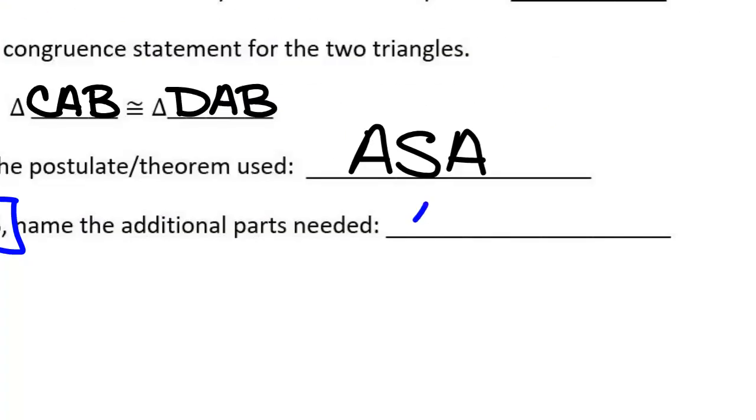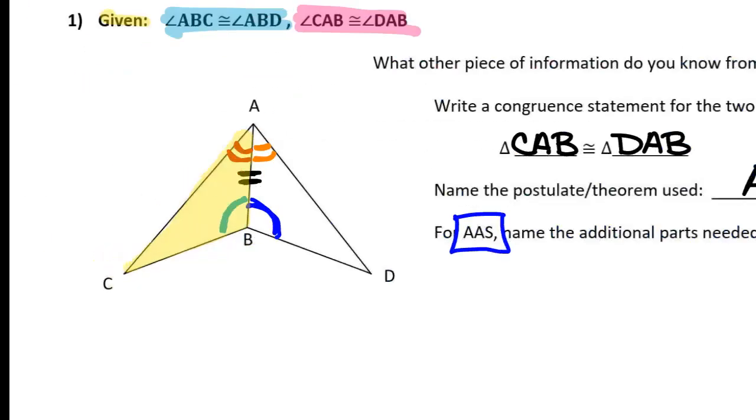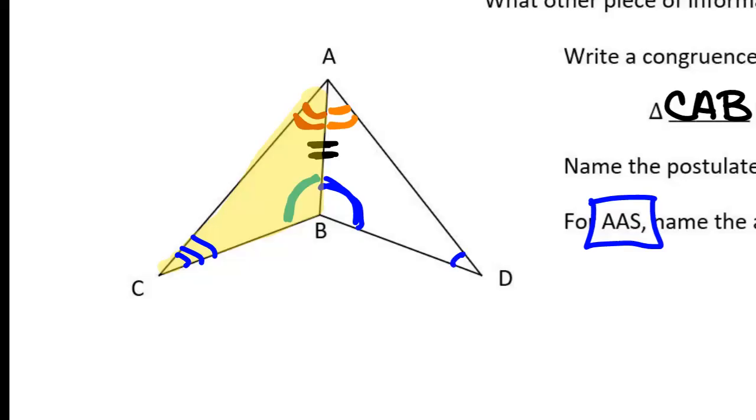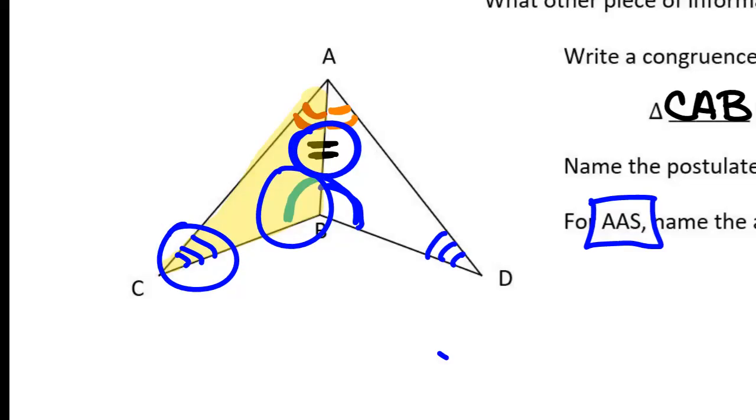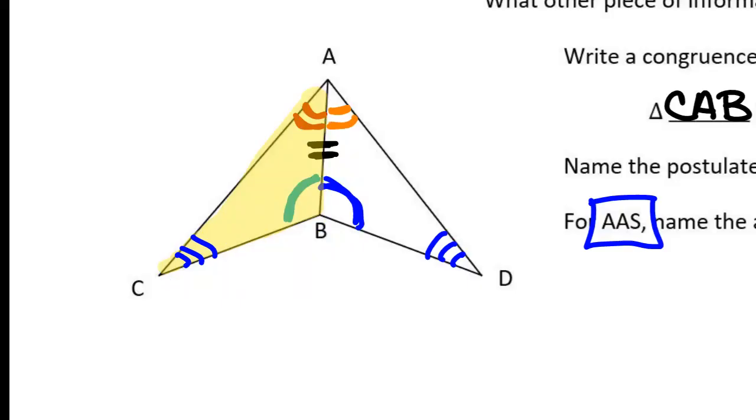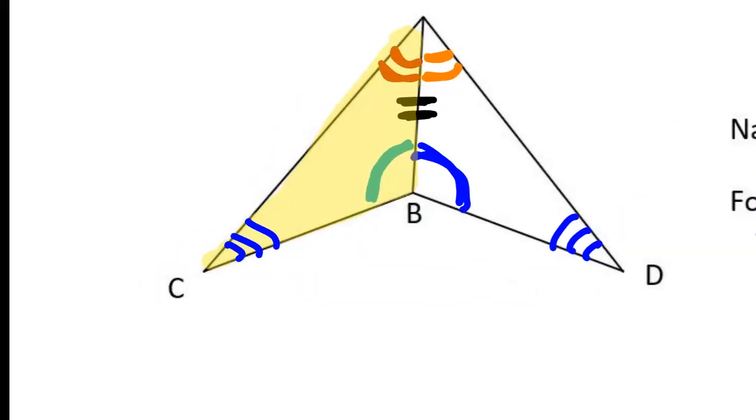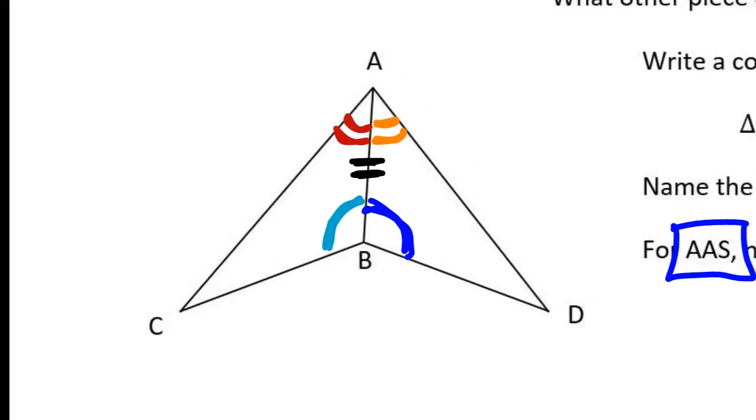If I know that angle C is congruent to angle D, if I had that, then I would have angle, angle, side. Or if I knew that CB and BD were congruent, then I could do angle, angle, side.